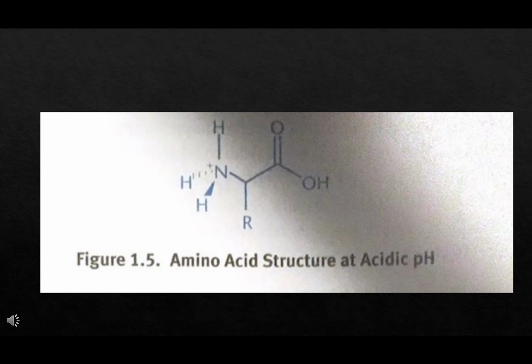The key to understanding the behavior of amino acids is to remember 2 facts. Ionizable groups tend to gain protons under acidic conditions and lose them under basic conditions. So, in general, at low pH, ionizable groups tend to be protonated; at high pH, they tend to be deprotonated.